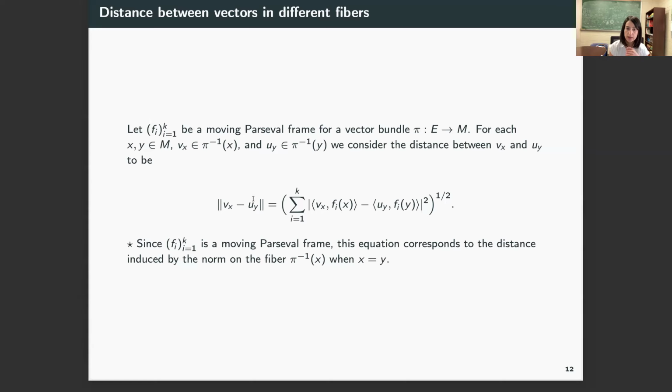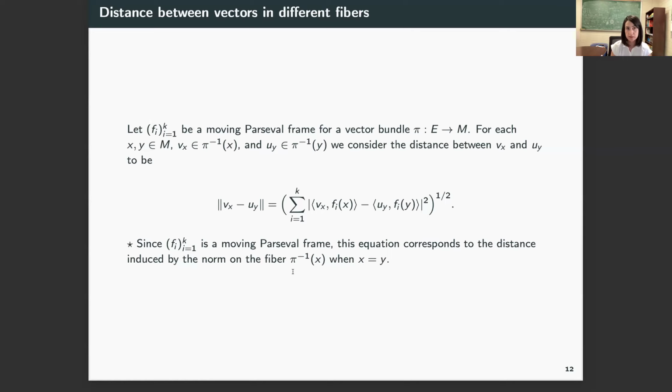In this way, I can have some control over how far apart two vectors on a fiber and on two different fibers are. And if phi is a moving parseval frame, this equation corresponds to the distance on the fiber pi inverse of x when x and y are equal to each other.